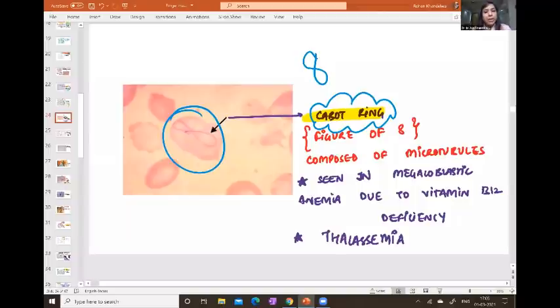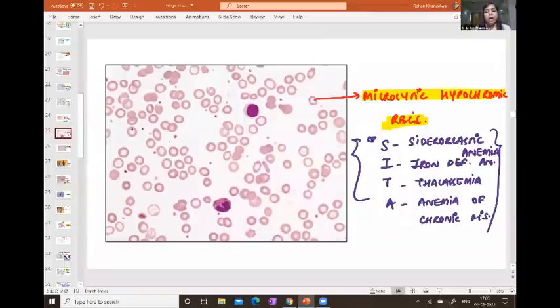Cabot ring is composed of microtubules, and it is seen in megaloblastic anemia due to vitamin B12 deficiency or folate deficiency, or it can also be seen in thalassemia. Please remember, right?